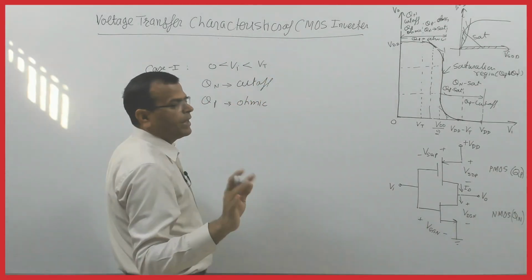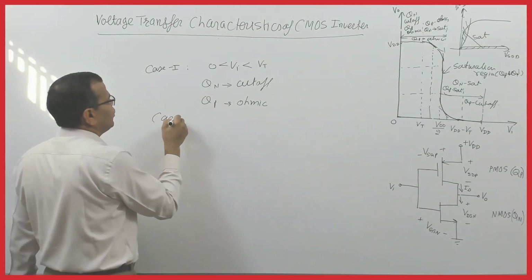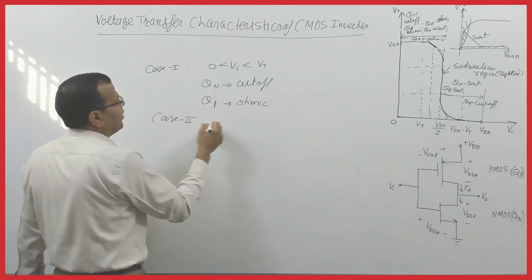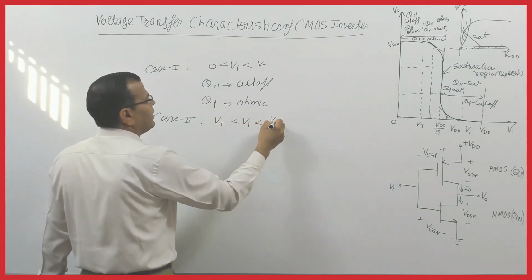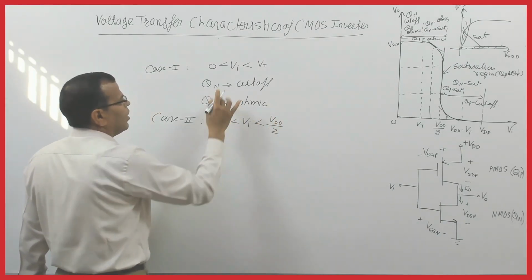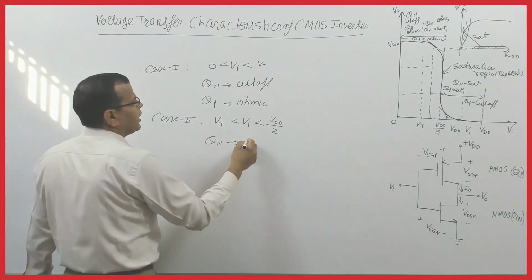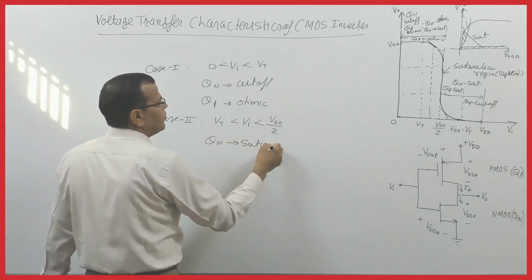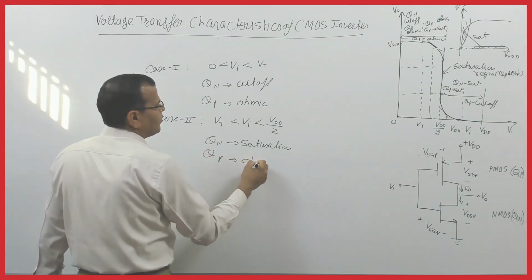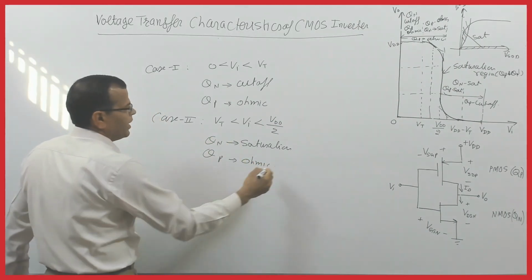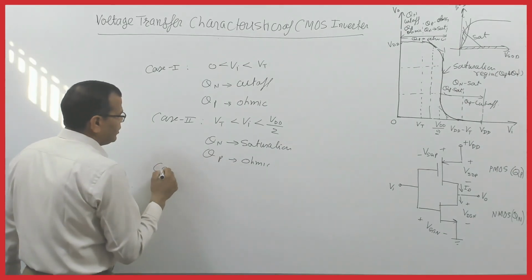That is the summary. Case 2. Vi greater than threshold, less than VDD by 2. Your Qn will enter into saturation region, but QP will be in ohmic region. Right?